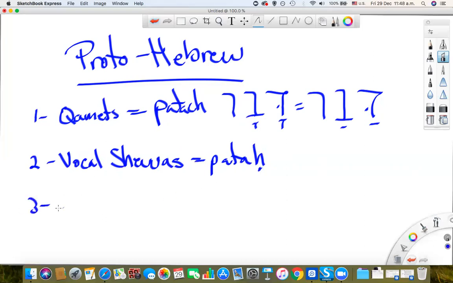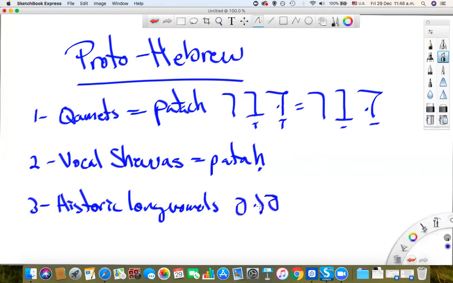The third one is historic long vowels were the same. So sus, it's an ugly looking shurik, but that's a shurik there. Sus in biblical Hebrew would be sus in Proto-Hebrew.